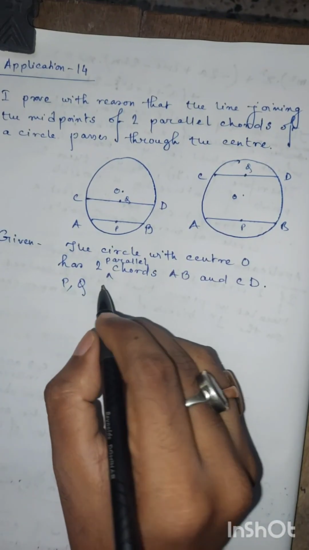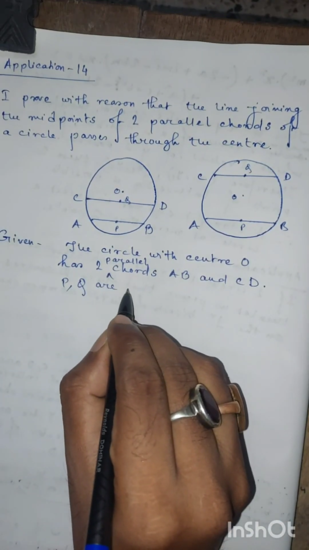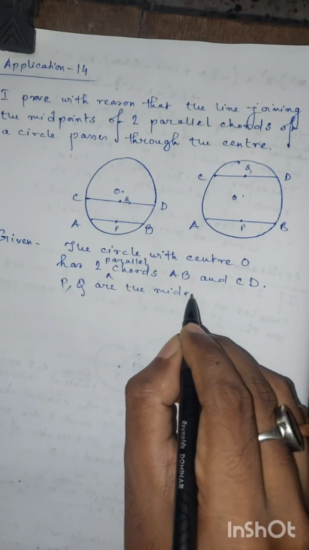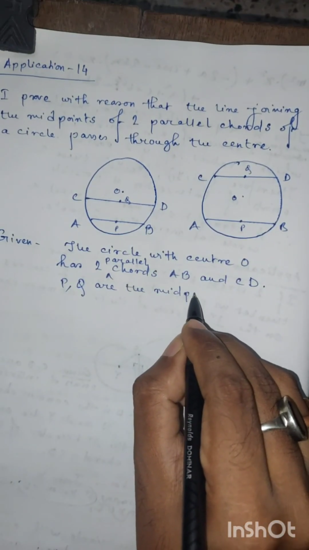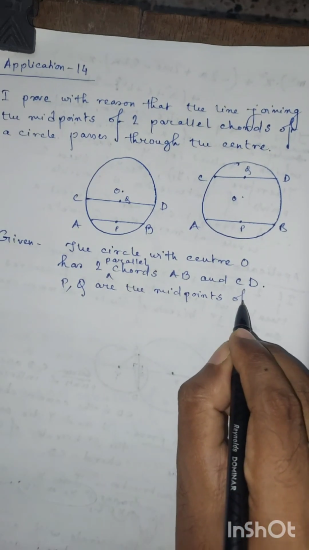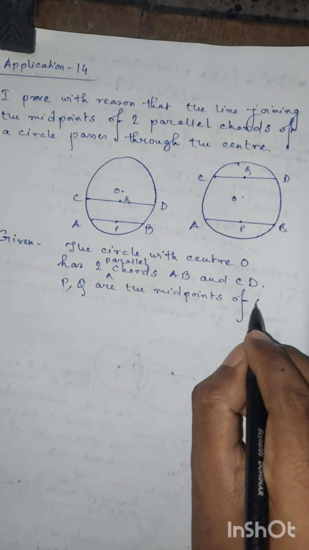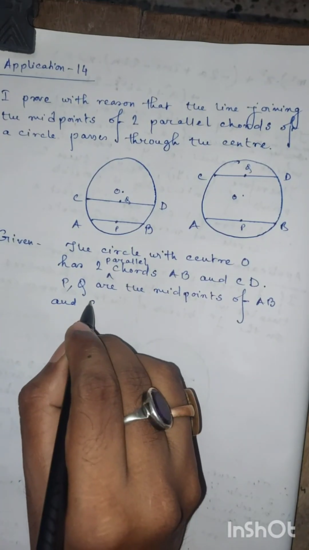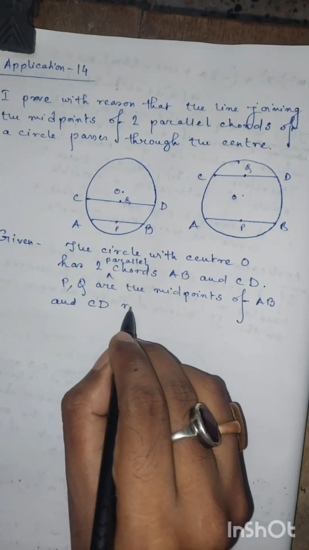P and Q are the midpoints of AB and CD respectively.